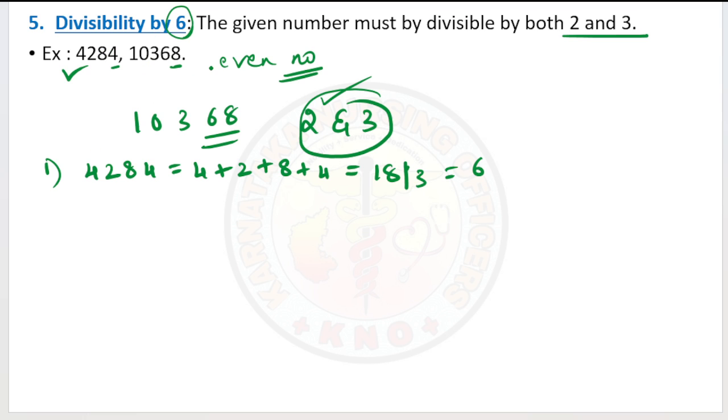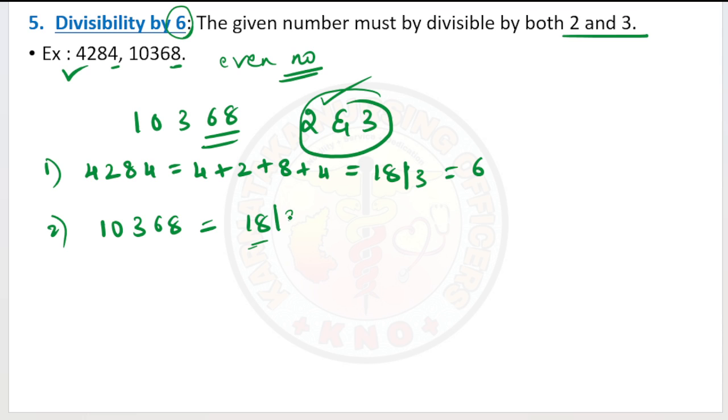Here we have already checked this number is divisible by 2 because the last digit is an even number. Let us look at whether it is divisible by 3. So second option, 10368. We have to add the digits to check whether this number is divisible by 3 or not. 1 plus 0, 1. 1 plus 3, 4. 4 plus 6, 10. 10 plus 8, 18.